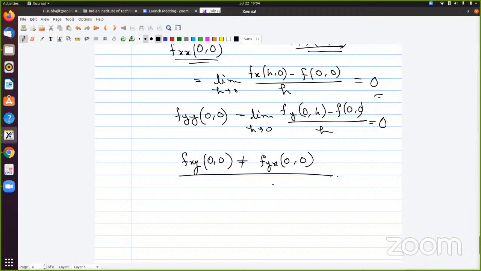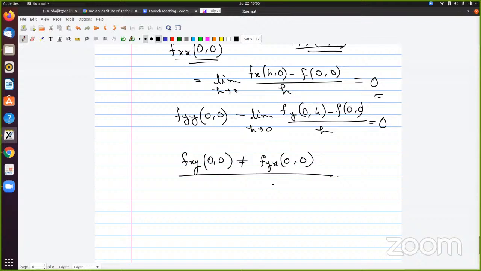Here the definition was piecewise. Suppose the function is given like x square minus y square upon x square plus y square. It is of the form p by q, and 0,0 seems to be a problematic point. Then we need some definition for 0,0. Otherwise, 0 is not in the domain of the function.